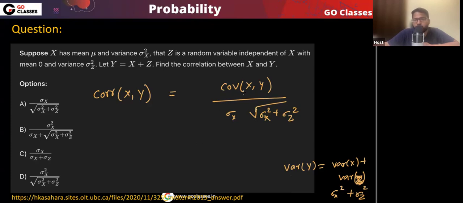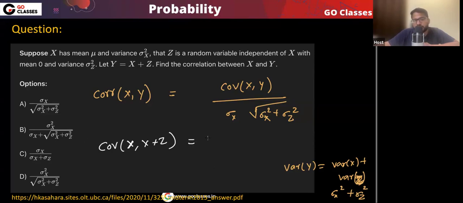Now you need to find out the covariance between X and Y. Can you use the formula that we talked about multiple times? X plus Z. So what is this? This is the covariance between X and X, and then between X and Z, what is the covariance? 0, right? Because they're independent.